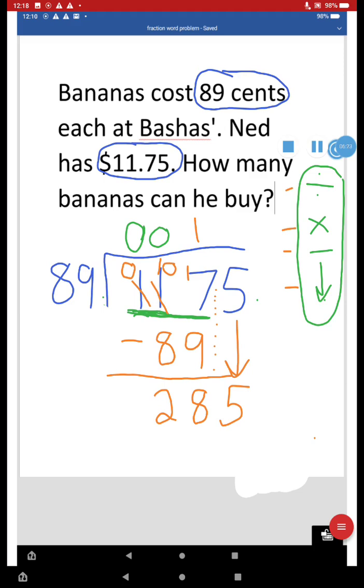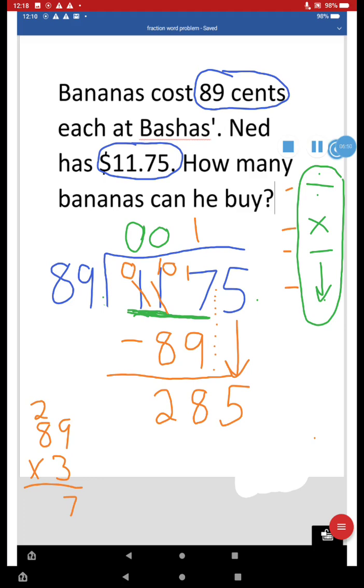Let's see. Well, we already know that 89 times 2 is going to give me 178. Can we get even more than that? Let's try 89 times 3, and let's do it over here this time. 89 times 3. All right, let's do a little bit of two-step multiplication. 3 times 9 is 27.